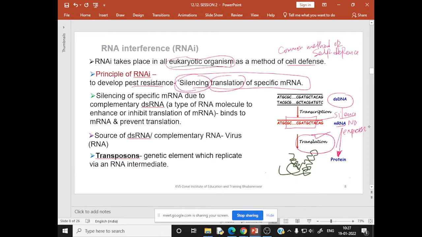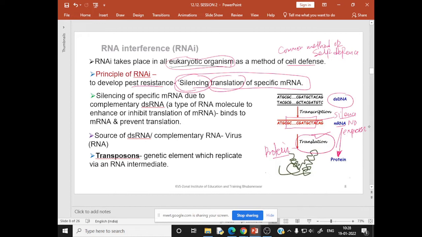Because there is no expression, what will not be formed? Protein will not be formed, and in the absence of proteins it will not be able to survive.